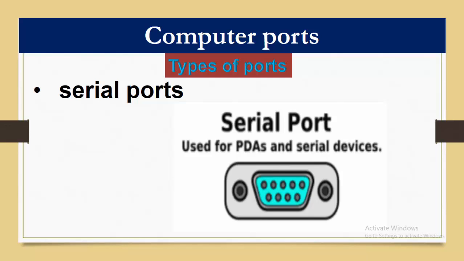The characteristics of serial ports: these are used for external modems. They are available in two versions in the market, the 9-pin and the 25-pin model. Data travels at a speed of 150 kilobits per second.